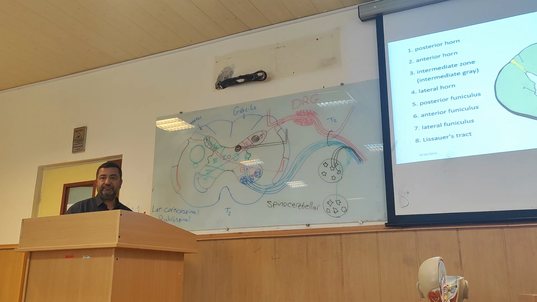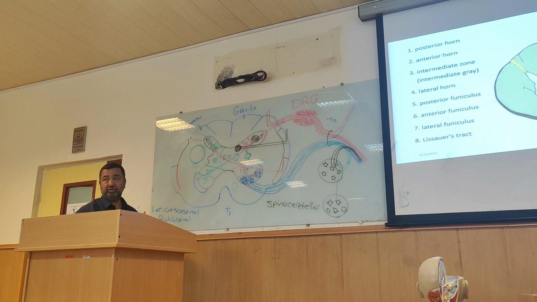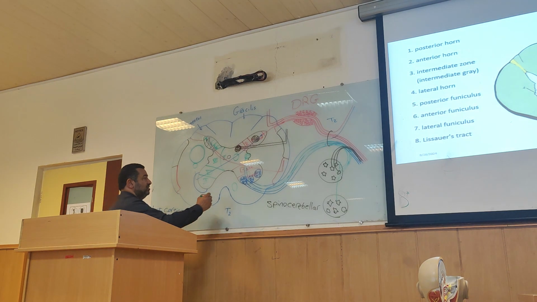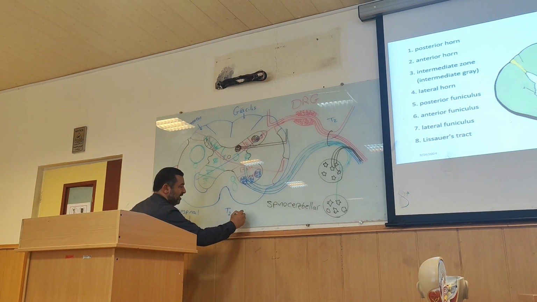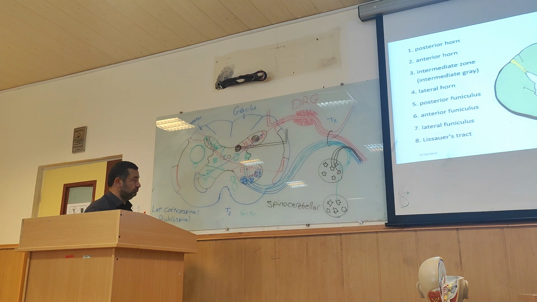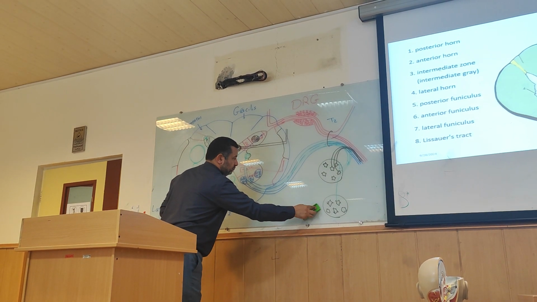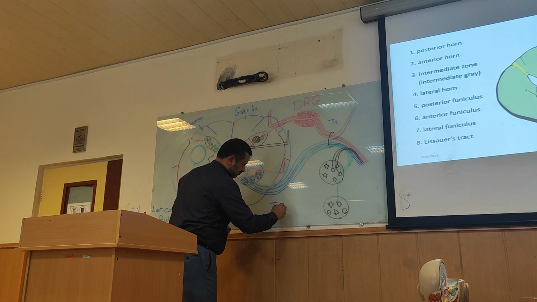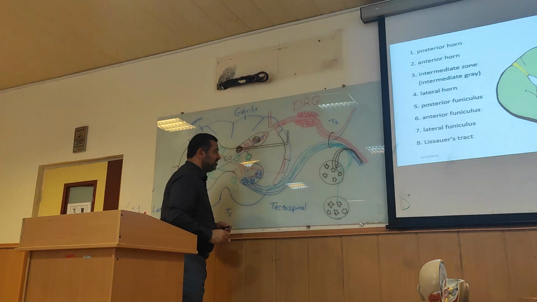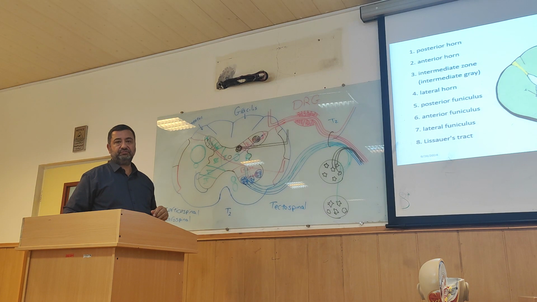In the anterior funiculus, there is the anterior corticospinal tract and the tectospinal tract.